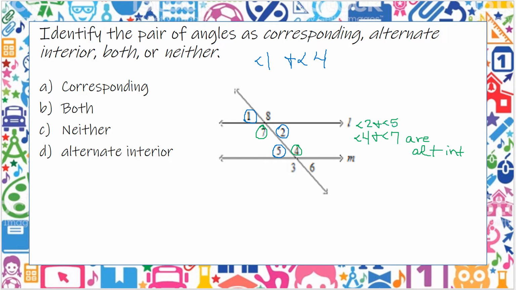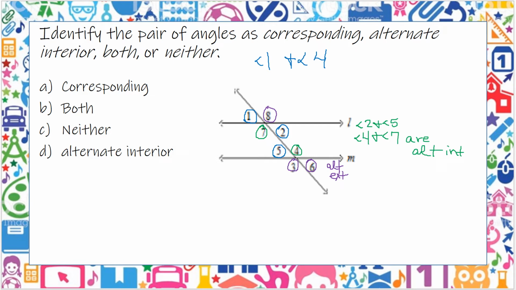Then you could also have alternate exterior, which means that they're outside. Angle 1 and angle 6 are alternate exterior. And 3 and 8 are alternate exterior as well.